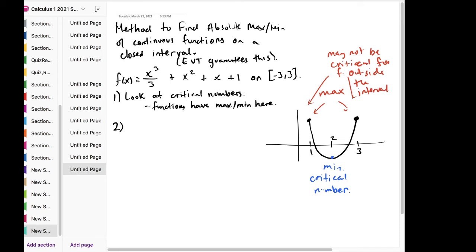If this is a function restricted on this domain, this could be like a parabola that extends outwards. And when we solve for the critical numbers, 1 and 3 would not pop up as a critical number. So when you're restricted on a closed interval, you also have to look at endpoints. Critical numbers may not always give you the absolute max and min, because something might be happening at the endpoints.